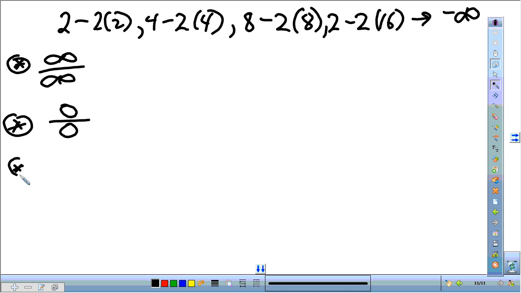But if we don't know the sign of the 0, we'll have to leave it in the indeterminate setting.